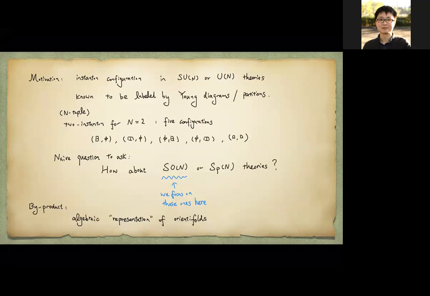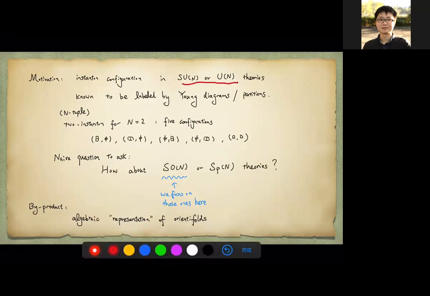For example, if we consider SU(N) or U(N) theories, then the instanton configurations are labeled by Young diagrams, or partitions in mathematical terminology. For example, the two-instanton configurations for the SU(2) theory have 5 different configurations labeled by 2-tuple Young diagrams like this.